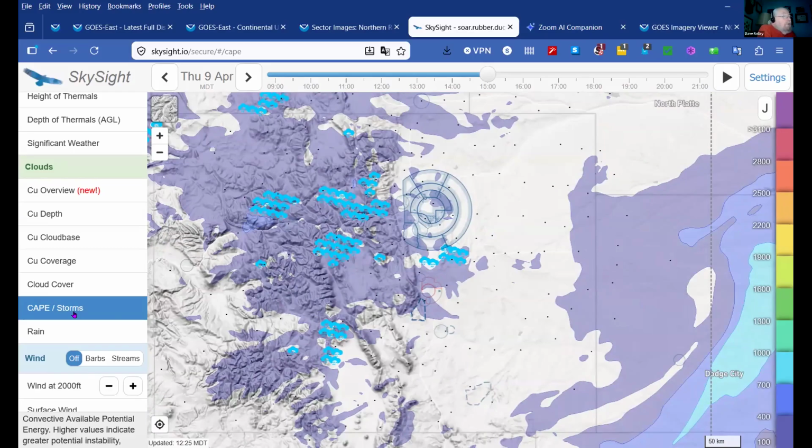Once the CAPE level gets above a certain level, this is one of their key predictors for thunderstorms. So in this particular one, it's not a particularly active day, but there is sufficient convection to support these rain showers.